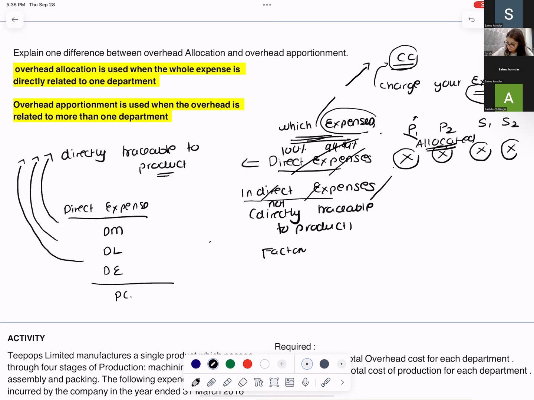So indirect expenses are called overheads, factory overheads, that are not directly traceable to the product. Or you could say it is not directly traceable to the department, then in that case, how will you split it amongst the 4 departments?